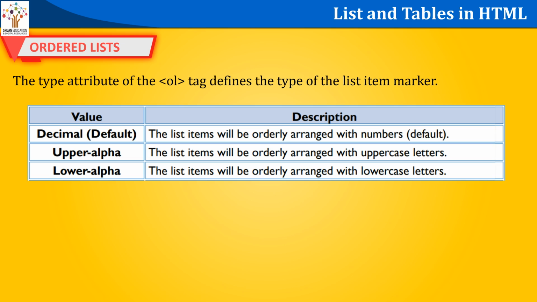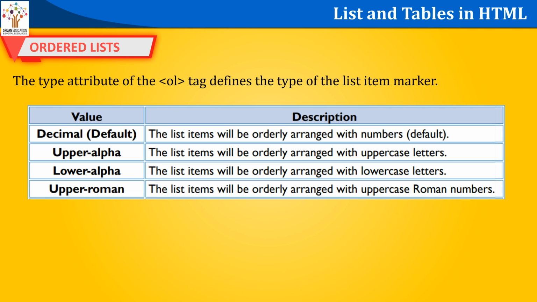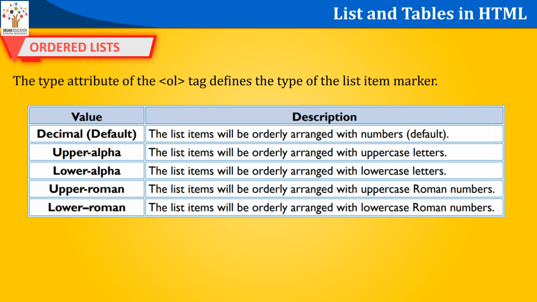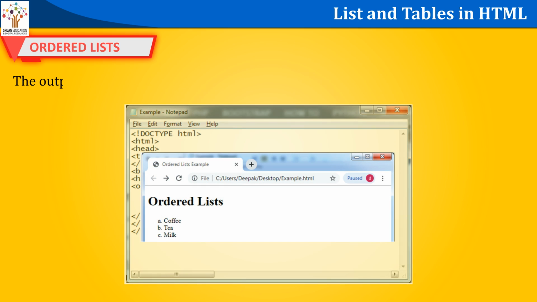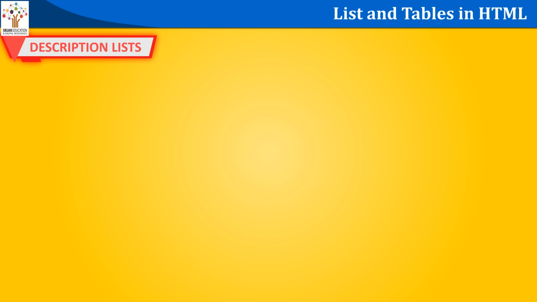The list items will be orderly arranged with lowercase letters. Upper Roman. The list items will be orderly arranged with uppercase Roman numbers. Lower Roman. The list items will be orderly arranged with lowercase Roman numbers. Consider the following HTML code. The output for the given code is shown.